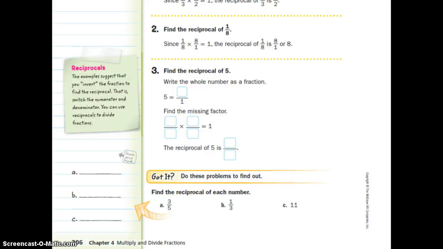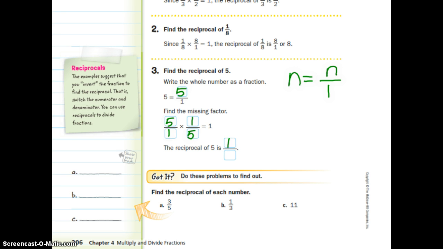Alright, let's look at the other problem. Now we need to find the reciprocal of 5. When we think about 5, we need to write it as a fraction. Any whole number can be written as a fraction by placing it over 1. So 5 is the same as saying 5 over 1. If I need to get an answer of 1, all I'm going to do is flip it and get 1/5.